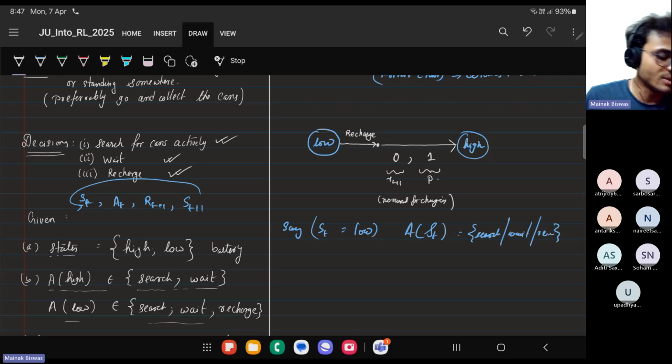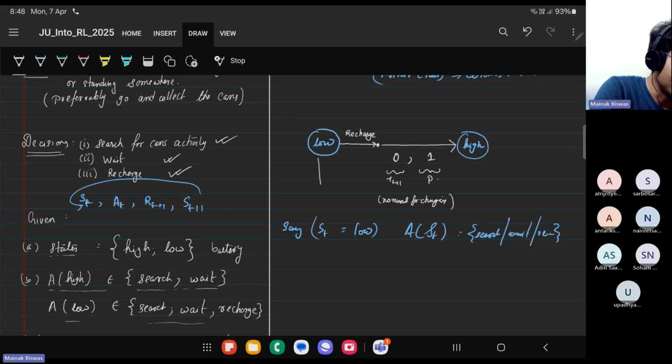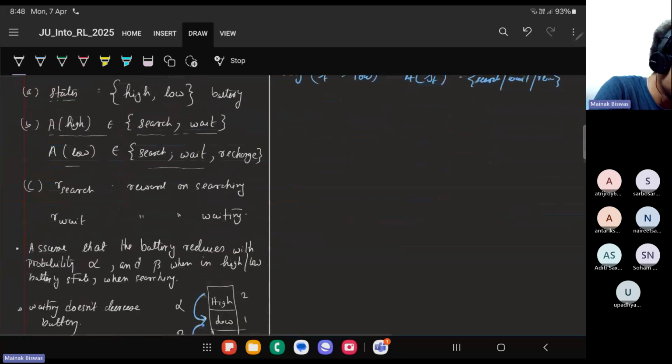Okay. Now give me one more action in the low state. Say you are waiting in the low state. So if you wait, what will happen? It is given in the question that if you wait, your battery life does not go down, right?